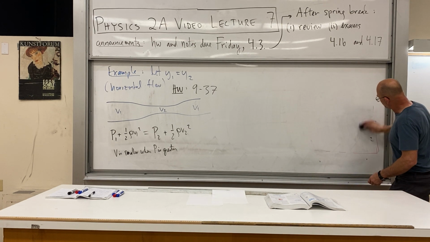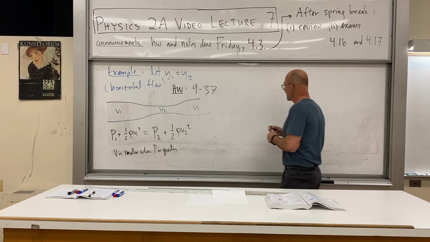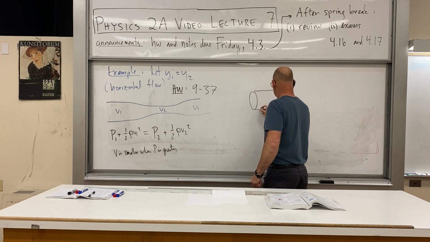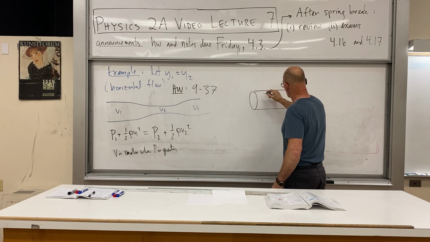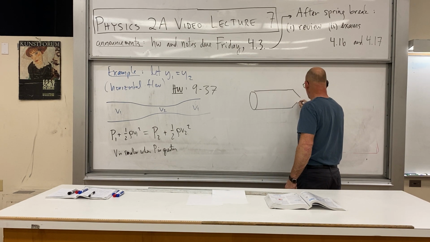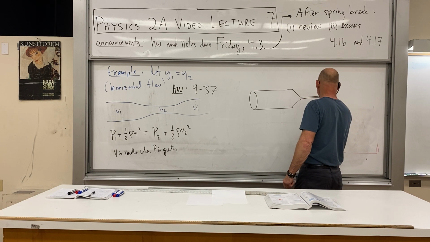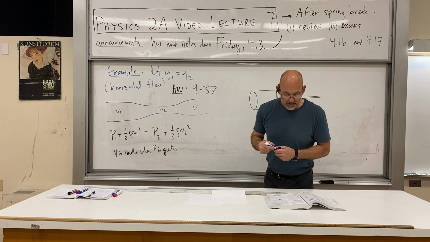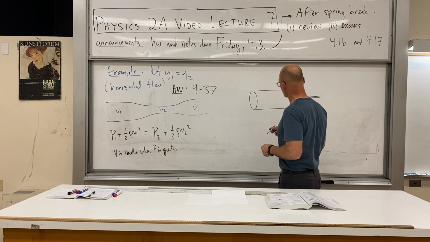The idea on this problem is that we have a hypodermic syringe, okay? So there's this part, there's a plunger here, and then it's going to, of course, taper down to a very thin needle. And we're going to shoot out some fluid into the air. So, okay, it tapers down.